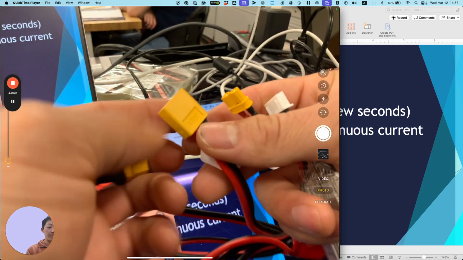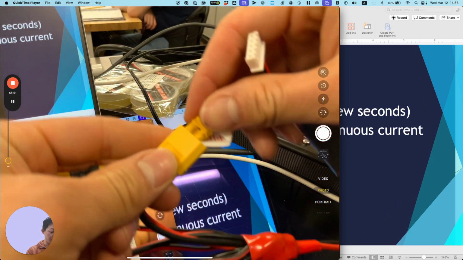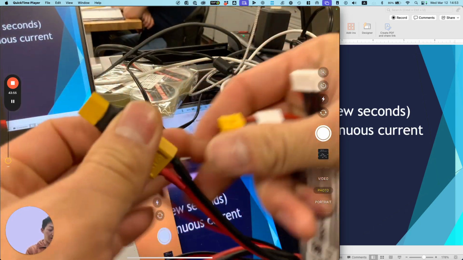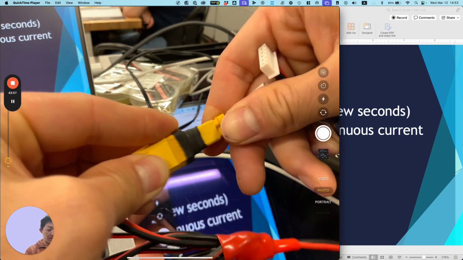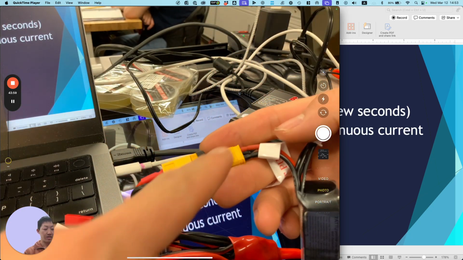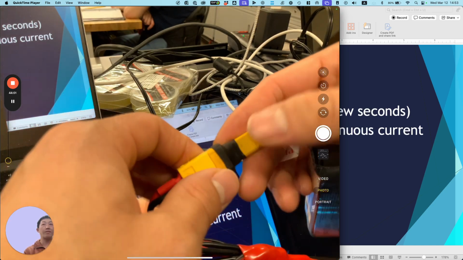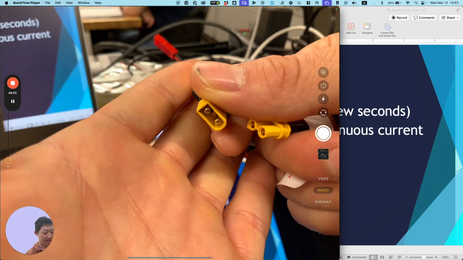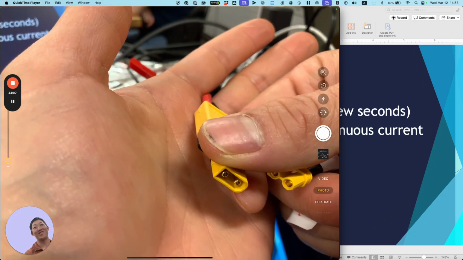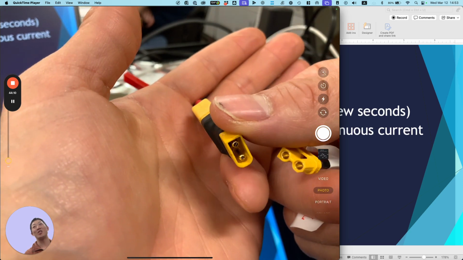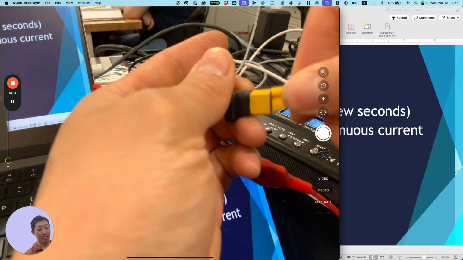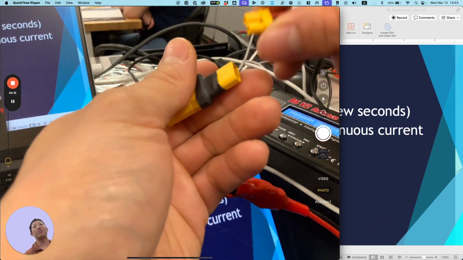So this is not going to fit into this, so we have an adapter right here that allows us to fit. You can see these connectors are what they call, in manufacturing terms, poka-yoke, or mistake proof. You can't plug them in the wrong way, because if you plug them in the wrong way, it's a bad thing.